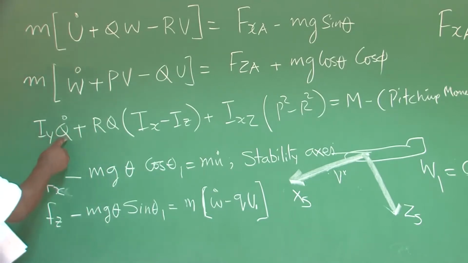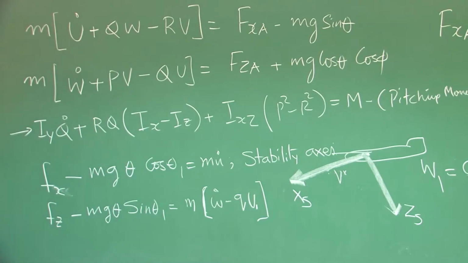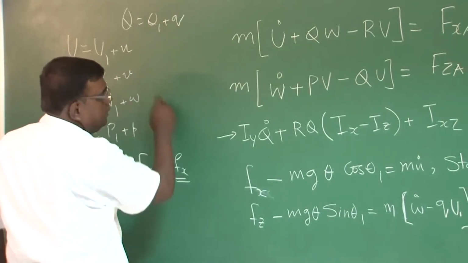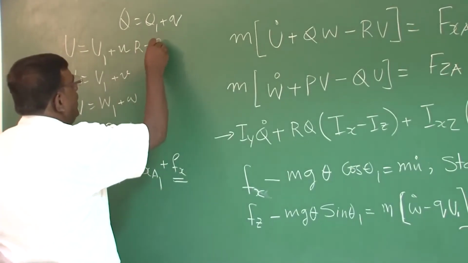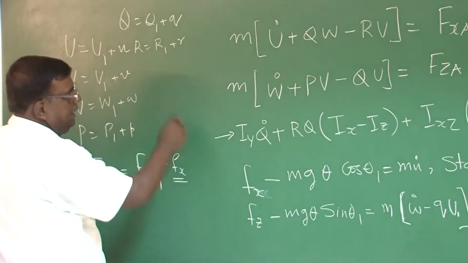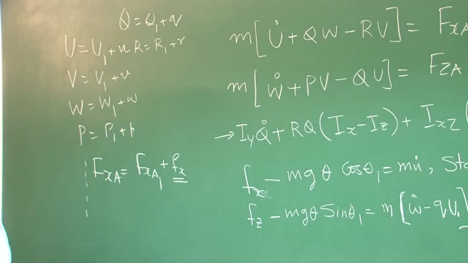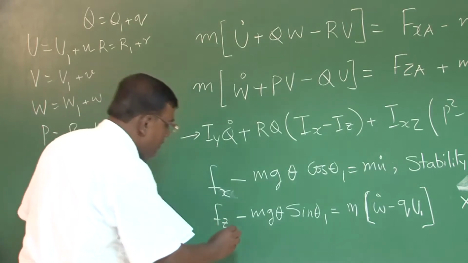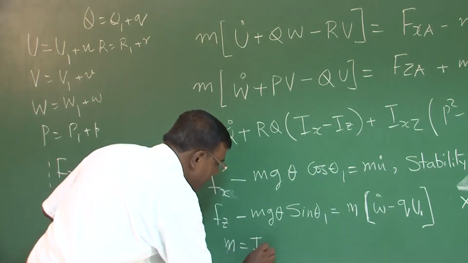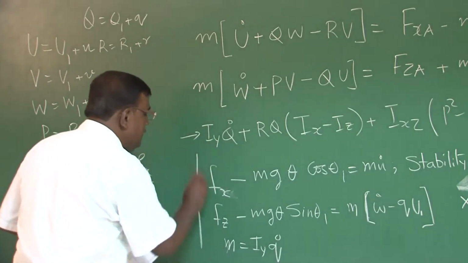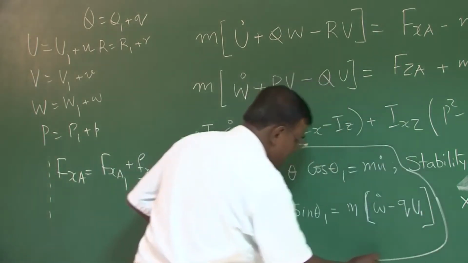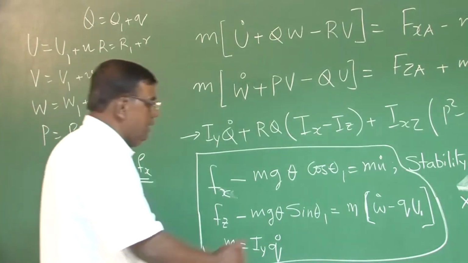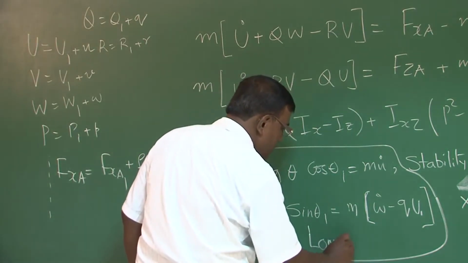You could see again I use this equation for pitching moment, and I write q as q1 plus small q, r as r1 plus small r, like that. Theta is theta 1 plus small theta, and all these things if I do here in this equation, then I will get an equation of the form M equal to I y q dot. So these three are my perturbed equations of motion, longitudinal case. Okay? Longitudinal case.